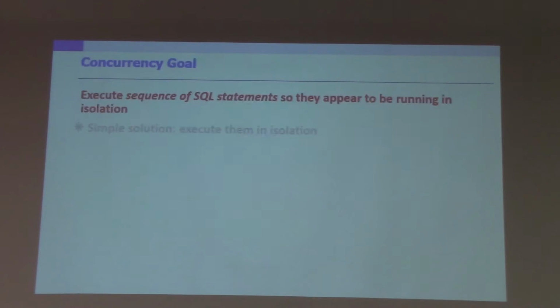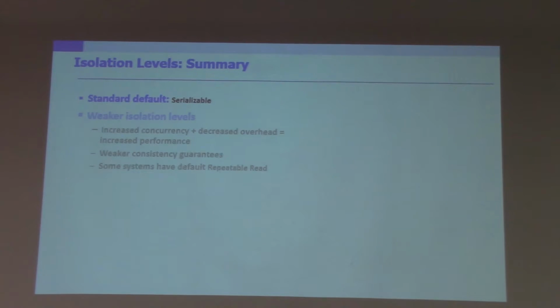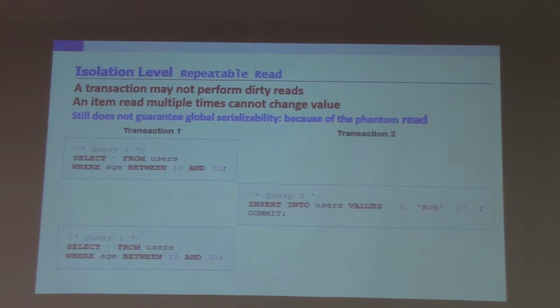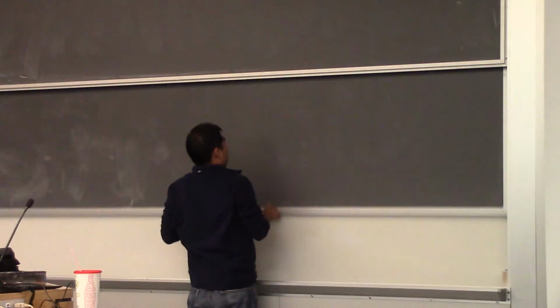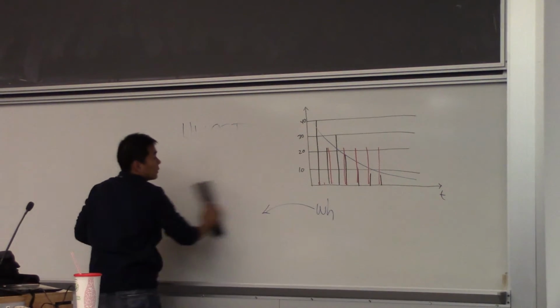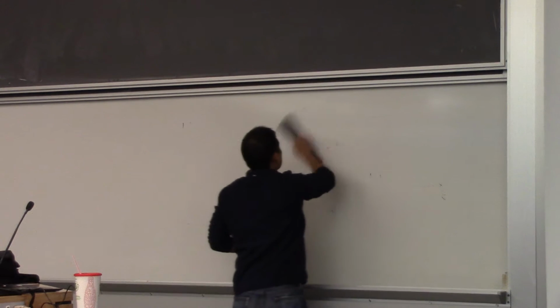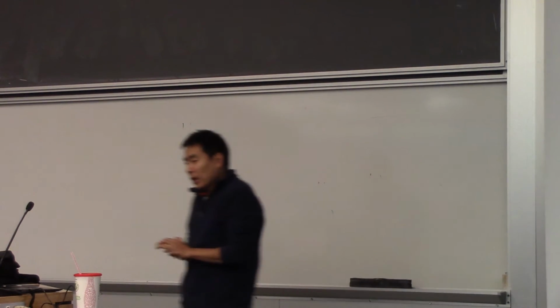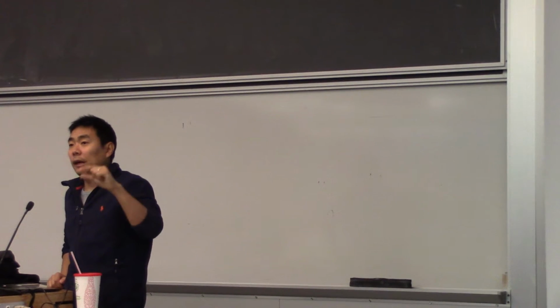Okay, so we talked about transactions, the overview of transactions, and we spent quite some time on isolation levels, and I used this particular example to show you the difference between serializable isolation level and repeatable read isolation level.